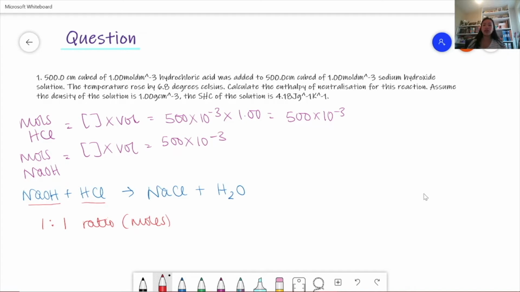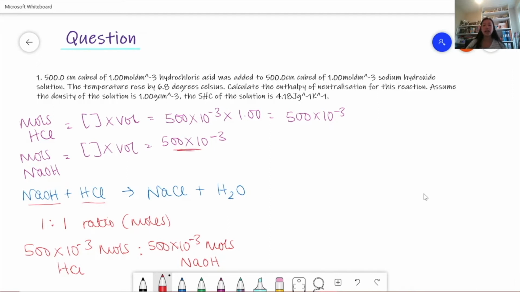So if we looked at hydrochloric acid and we've got 500 times 10 to the -3, then that means that 500 times 10 to the -3 moles of hydrochloric acid would react with 500 times 10 to the -3 moles of sodium hydroxide. And we have that here.